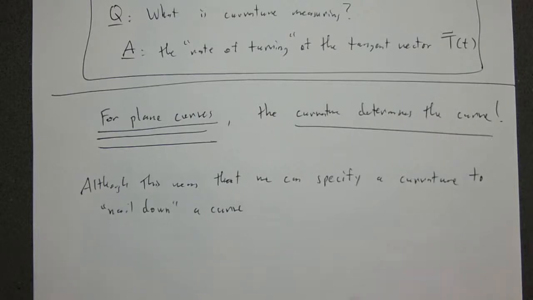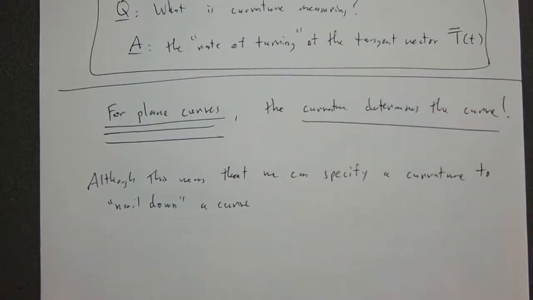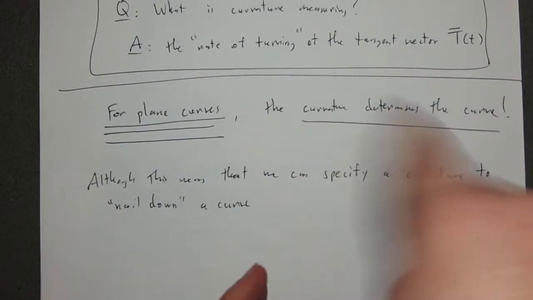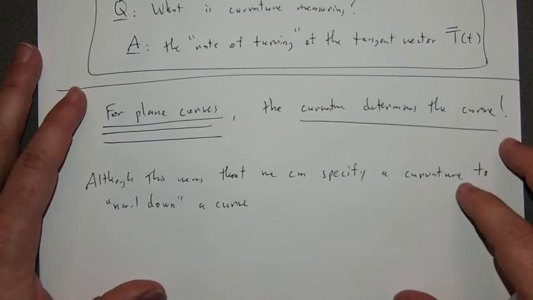Once you specify curvature 1/3, basically the only curve that has that curvature is a circle of radius 3 or pieces of it. Now that circle could sit here, it could sit over there. It could be the upper part of the circle, it could be just a tiny part of the circle, but the point is that basically that curve is nailed down.